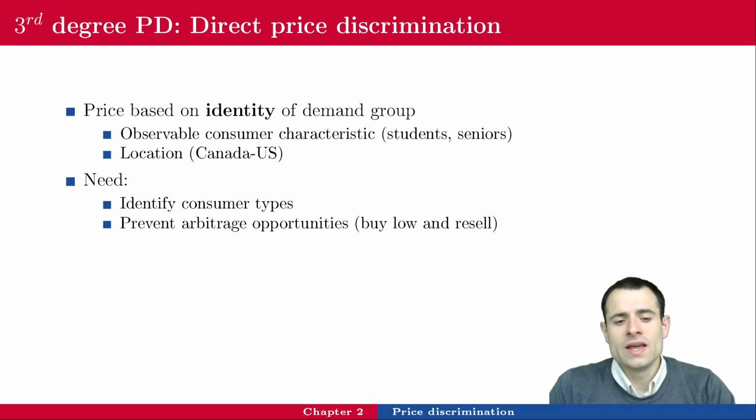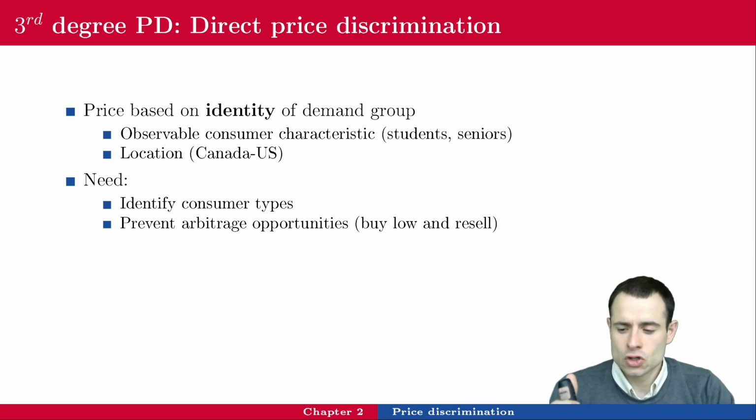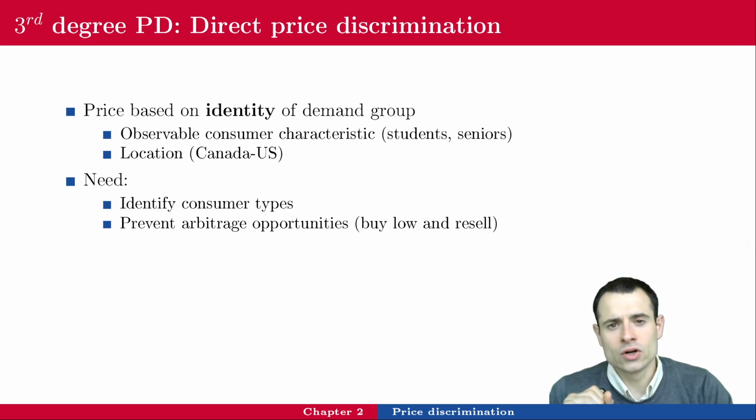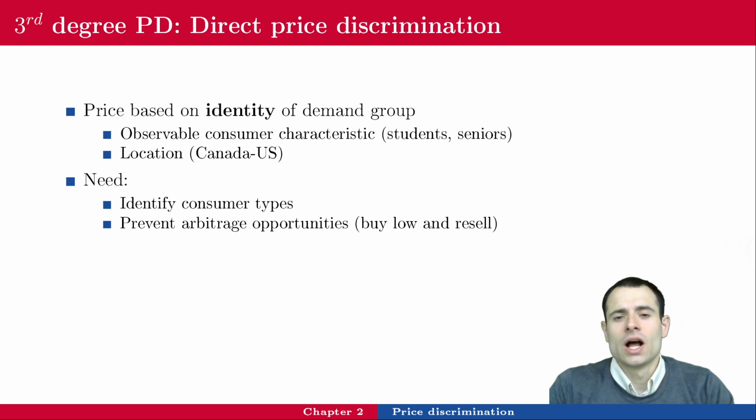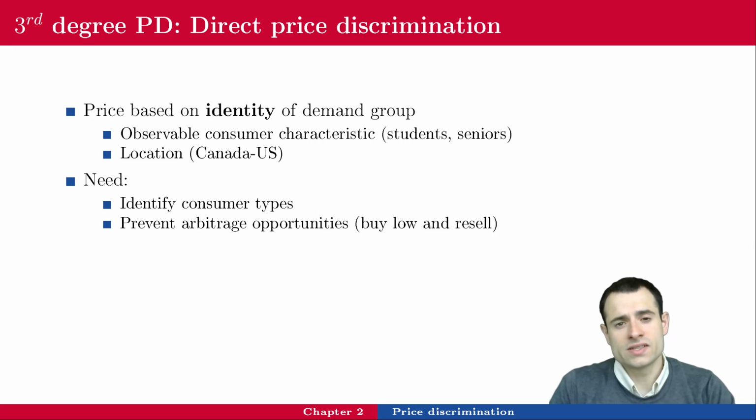Typical example, if I get a student discount at the movie theater, I could buy my ticket, show my student ID, and then I could just leave the movie theater. I could pretend I'm going to get some food or something, and I could resell my movie ticket to somebody who cannot benefit from student discounts. This is arbitrage. In this case, the movie theater will only sell to one type of customer, the ones who get the discount.